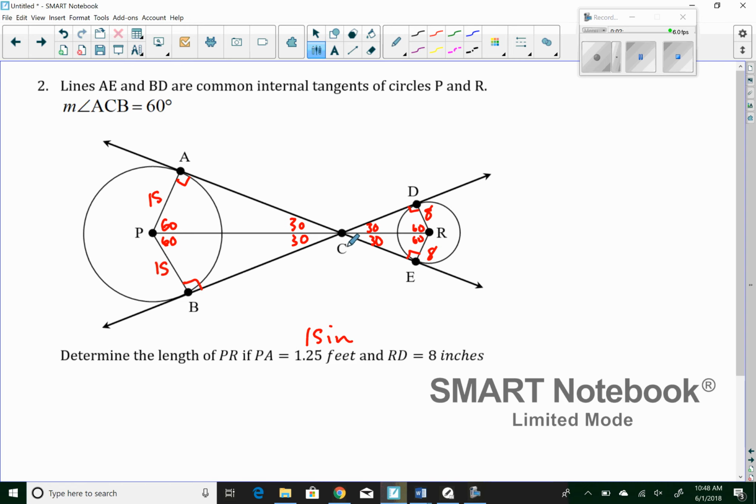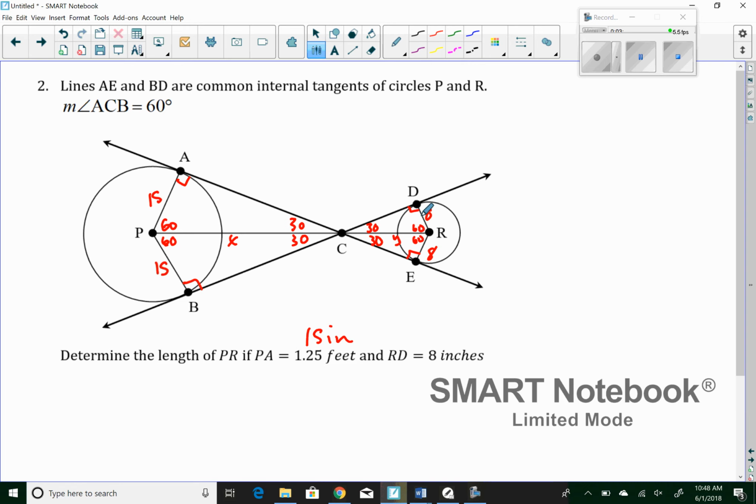And it wants us to find PR. Now notice PR is PC and CR. So I'm going to make each one of those parts a different variable, X and Y.